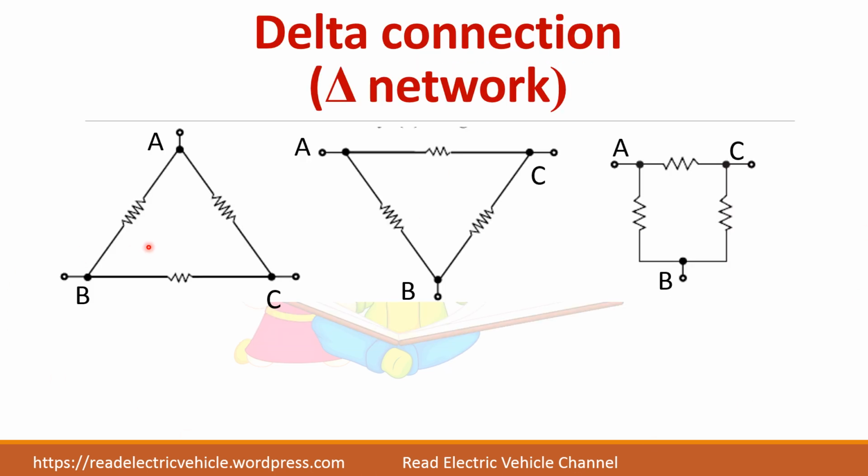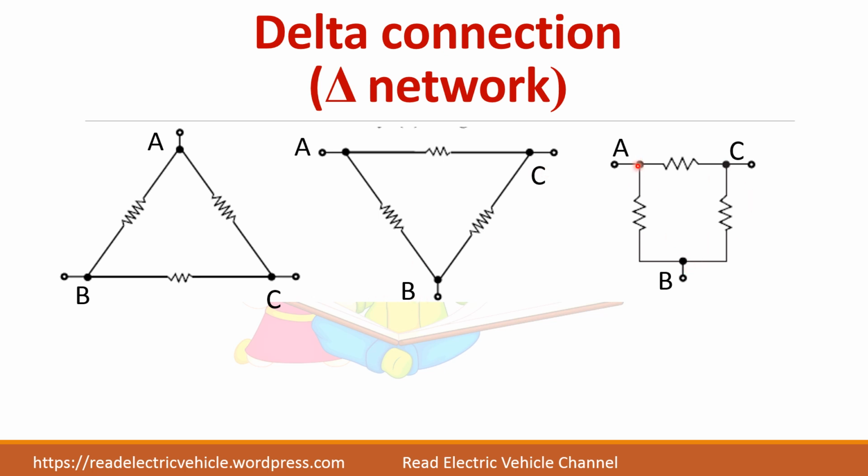And this is the picture of delta network. So delta doesn't have any neutral point. So three corners will be there, or it will be in the shape of a triangle. So this is also delta network, and the third one is this network.